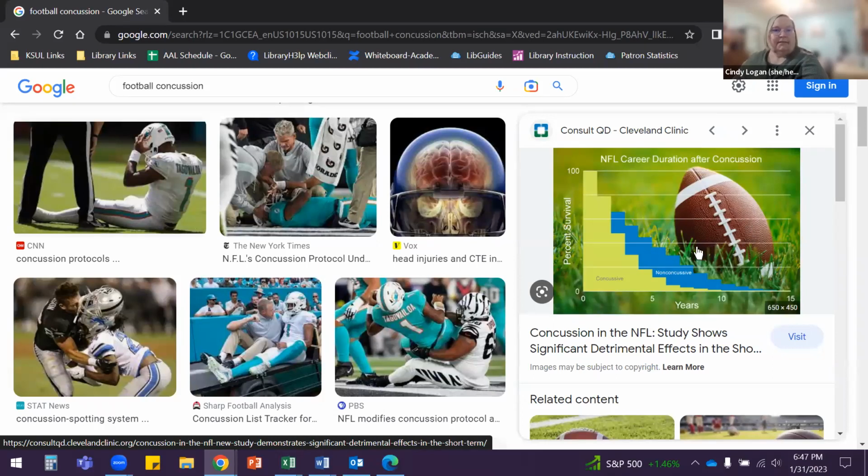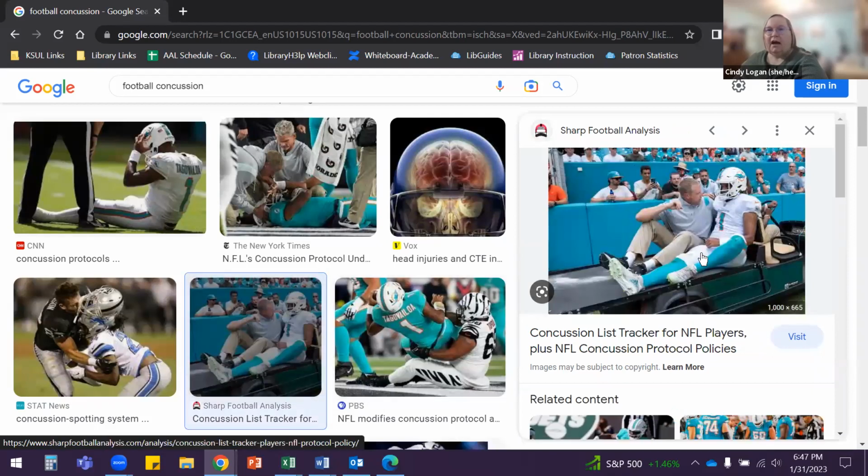Okay, let's say we're looking at poor Tua. If we're just looking at this particular image of Tua on the emergency vehicle, the cart taking him out, and probably an athletic trainer, this is not telling me anything other than he's probably hurt, which doesn't really tell me anything in particular.